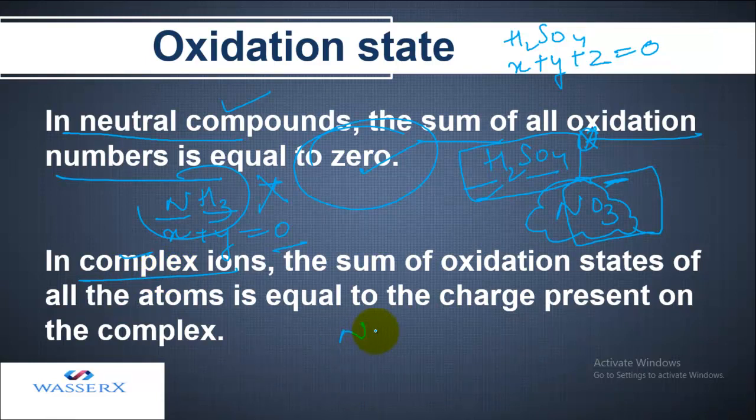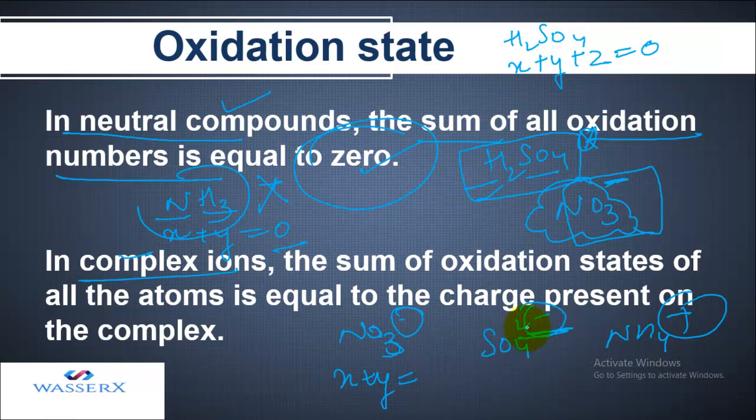Like NO3 has a negative charge, right? Like sulfate has a negative charge, or we can say ammonium ion has a positive charge. So these all are complex ions. So when we add up the oxidation states for different atoms, they will not be equated with 0. They will be equated with the charge which is present on them.